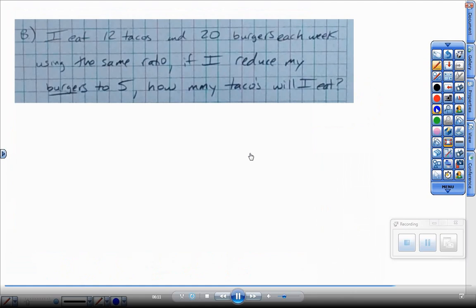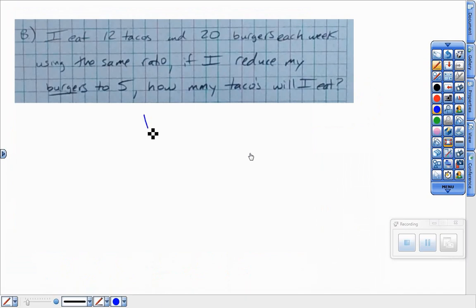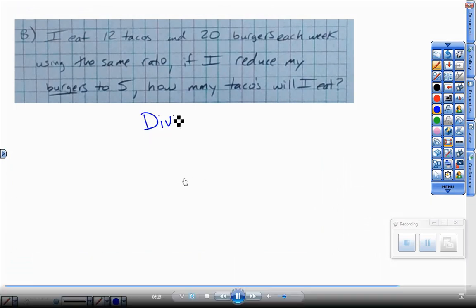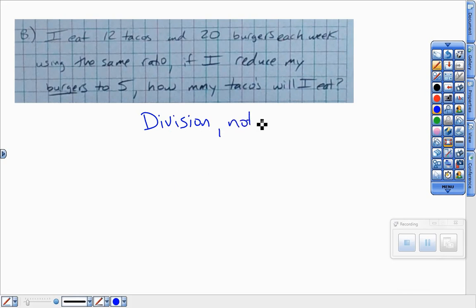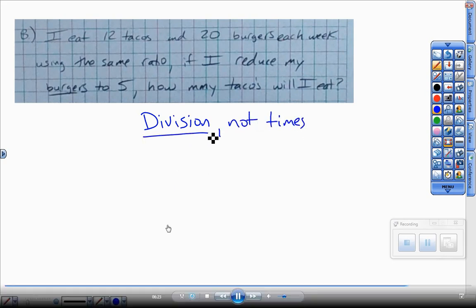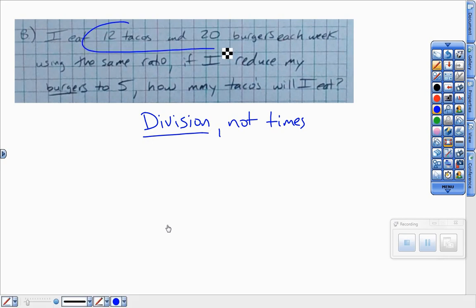This one is a division ratio problem, division. So you're not timesing a number, you're finding out what you're doing to divide. So be careful. So for this, it is 12 tacos and 20 burgers.